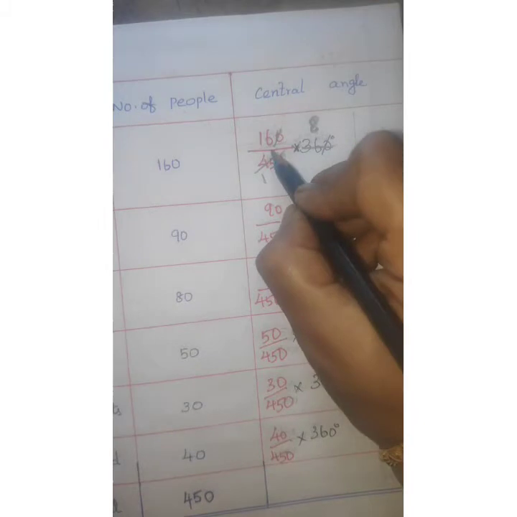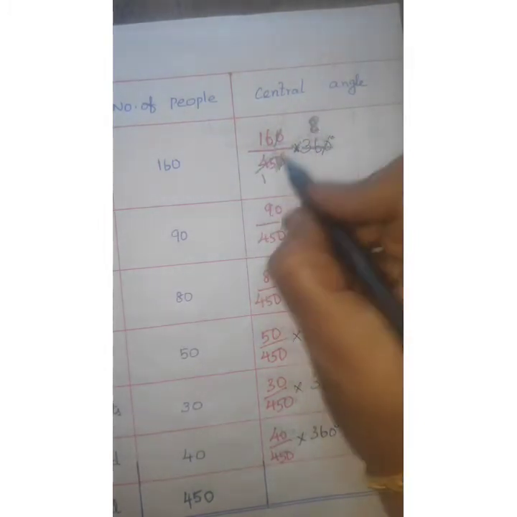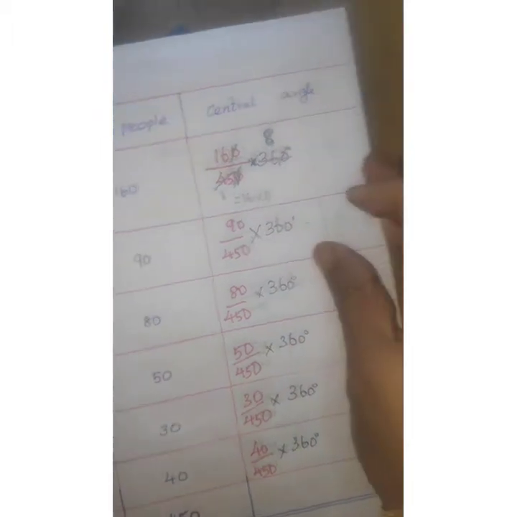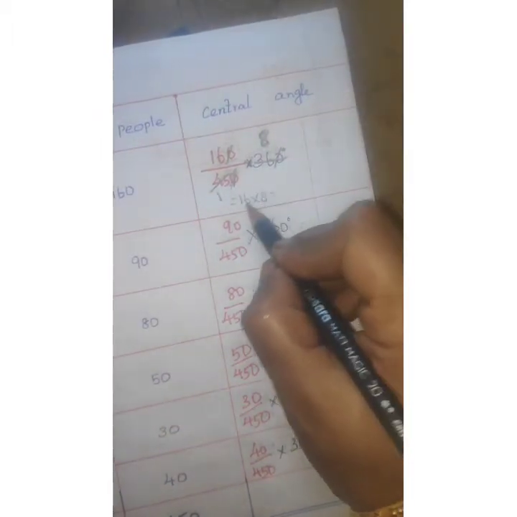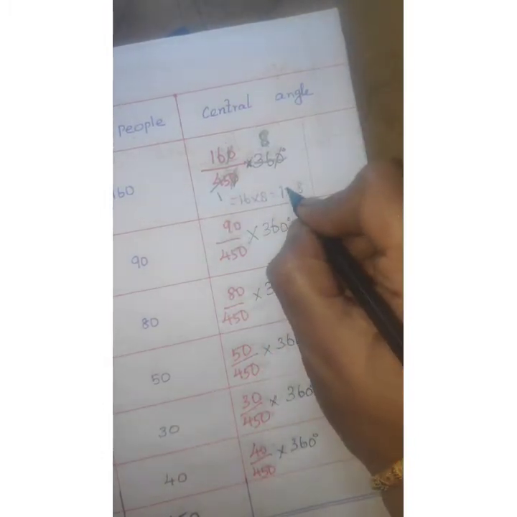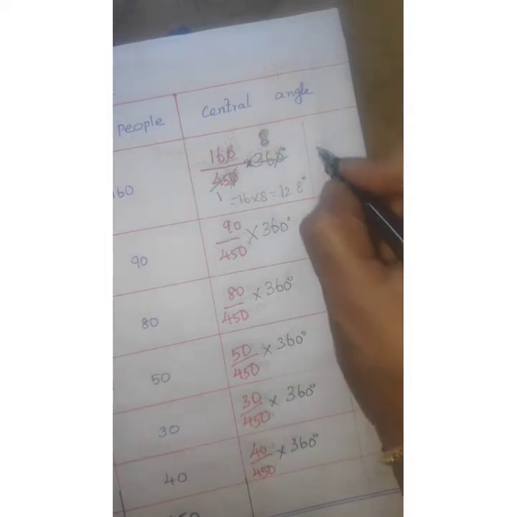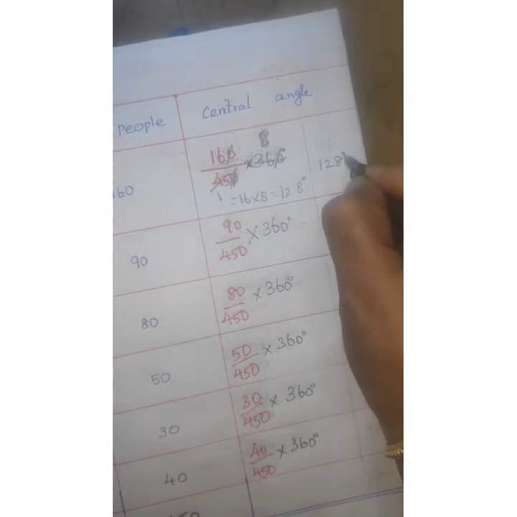Now what number is remaining there? 16 into 8. 6 8s are 48. Remaining 4. 1 8 is 8. 8 plus 4 is 12. 128 degree. So you write 128 degree near it on a small line.